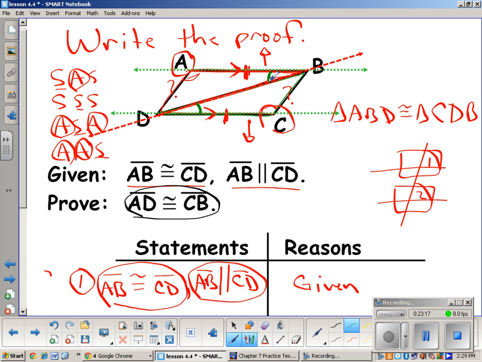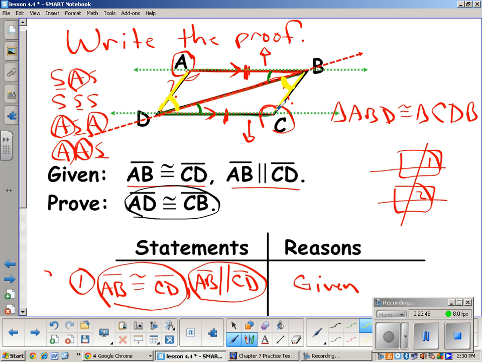Now, I didn't want to lead you down the wrong road, so I just showed you which pair of alternate interior angles there were. Some of you might want to look at these, and I caution you there because notice the other side of this angle is this line, and the other side of this angle is this line, and we don't know anything about those two lines, do we?